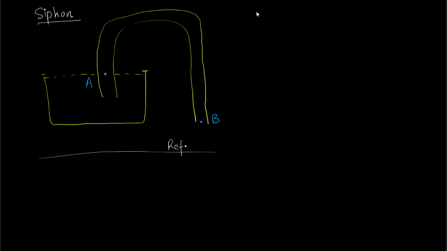So if we consider an incompressible inviscid flow and a steady flow, we can apply Bernoulli's theorem between point A and B. So let me write down Bernoulli theorem between point A and point B.